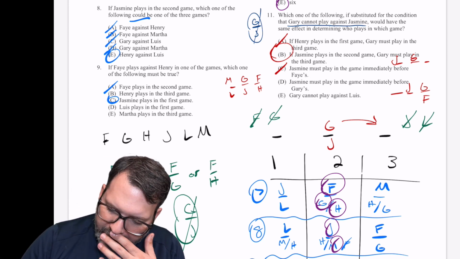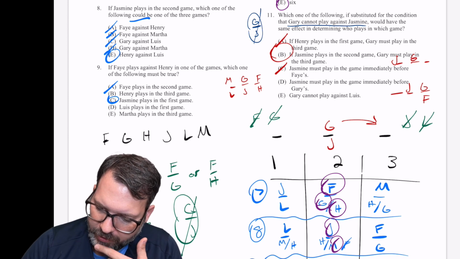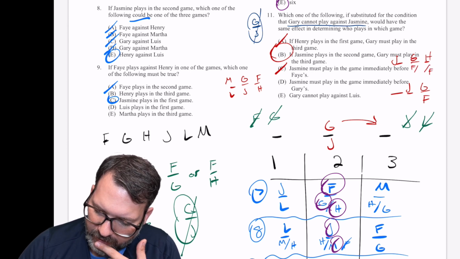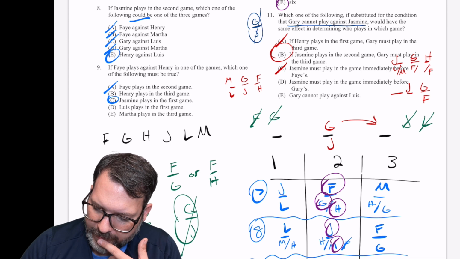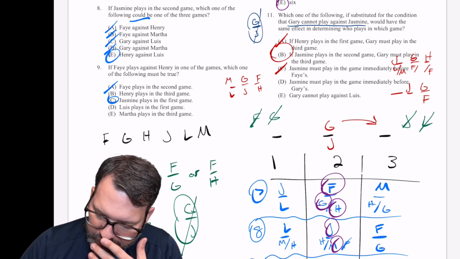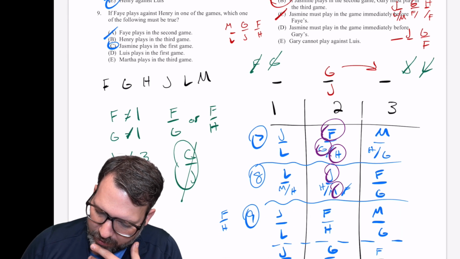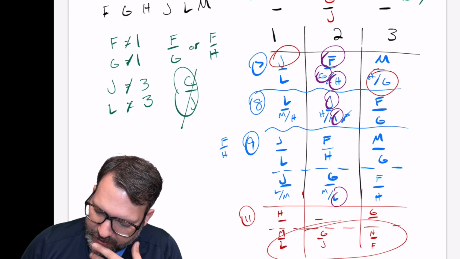What about the other scenario? We know L can't go third, but F and H could go third here. So it could be something like H there, F flipping around with something else, and then L and M just kind of flopping around. So that does result in J and G not being together, obviously, but I think it has another effect because we've seen scenarios where J and G aren't necessarily right next to each other.